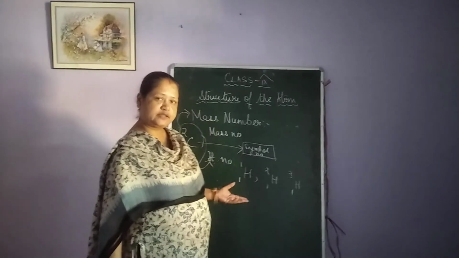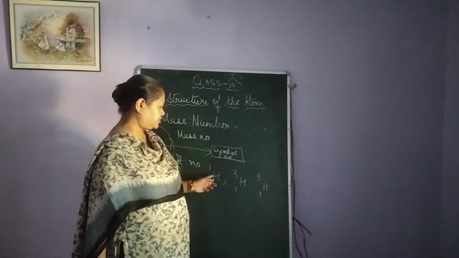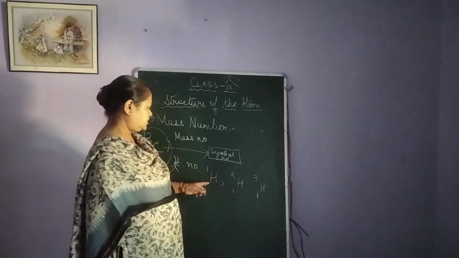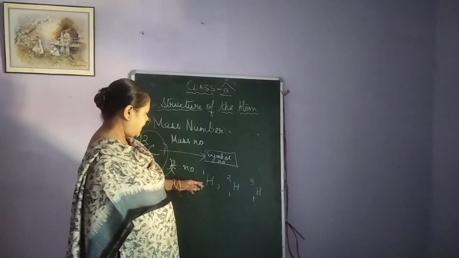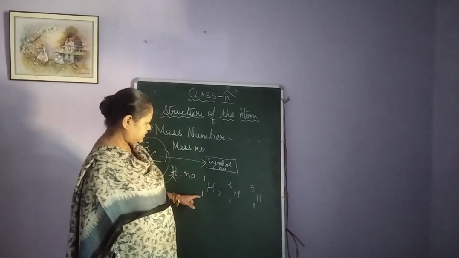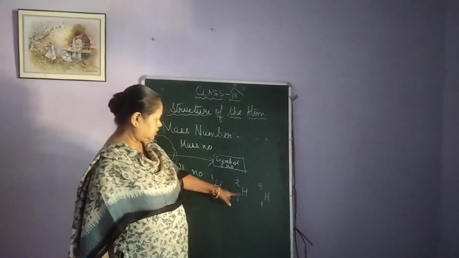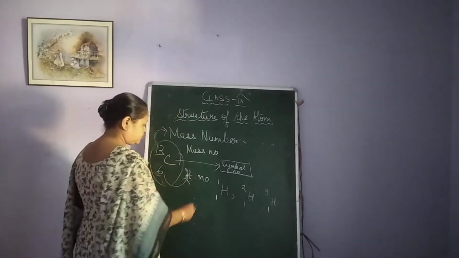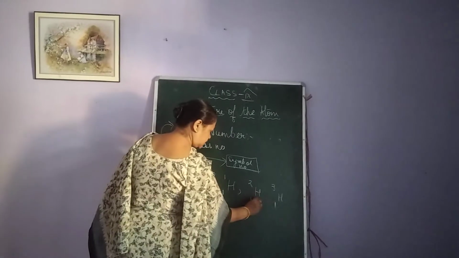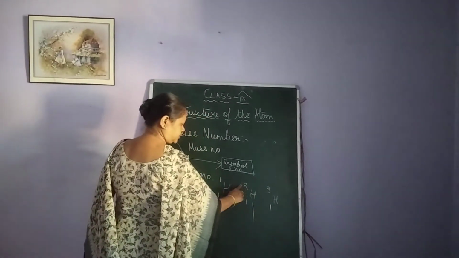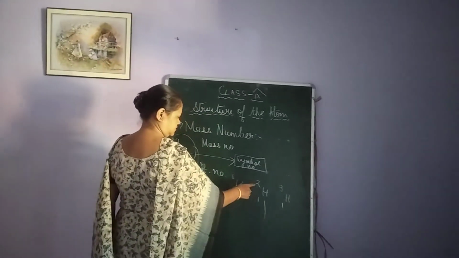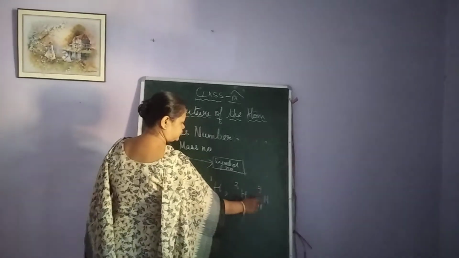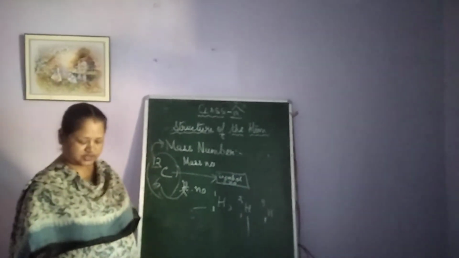So when any element has the same atomic number but a different mass number, that is known as isotopes. And these are known as protium, deuterium and tritium, right? 1H1 is protium, 2H1 is deuterium because it has mass number 2, and 3H1 is tritium.